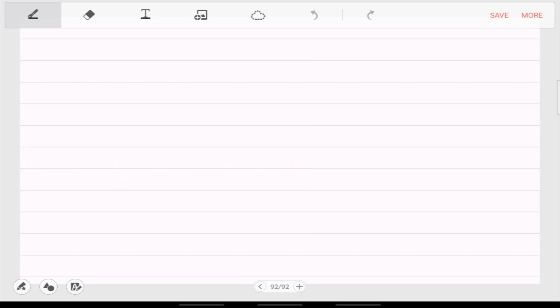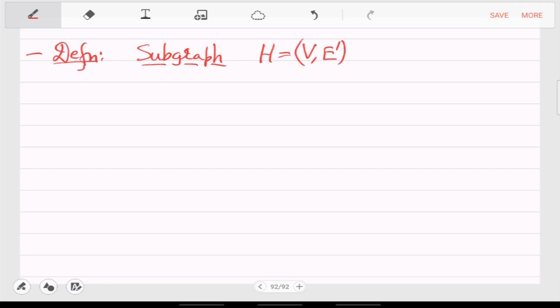So what is a subgraph? You can look at subgraphs: V comma E prime of a graph V comma E. We generally assume that the vertex set is the same, but the edges may be fewer. So E prime, we basically take a subset of E. If this happens, then we say that H is a subgraph.